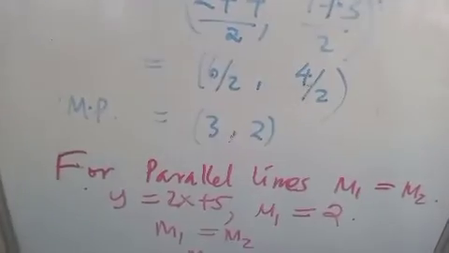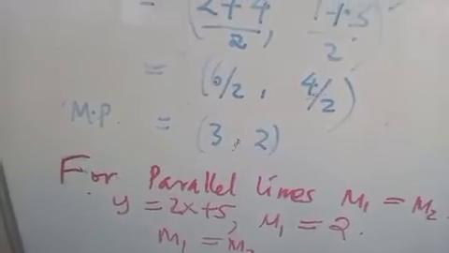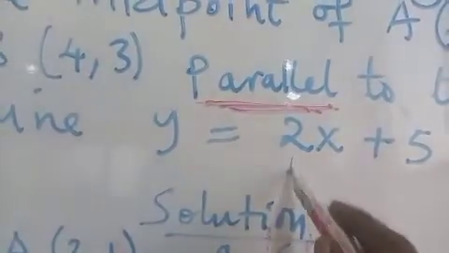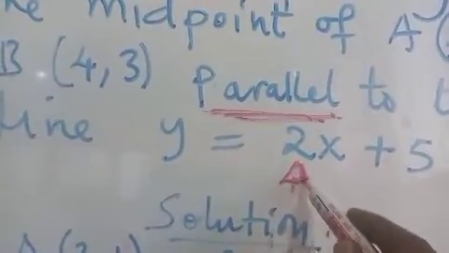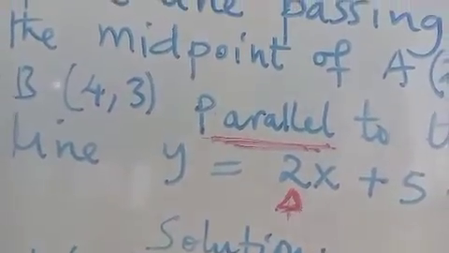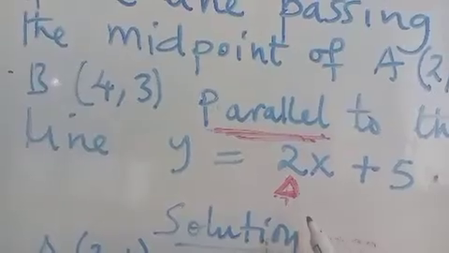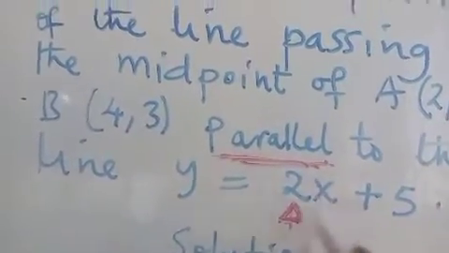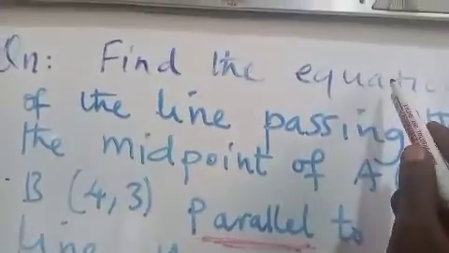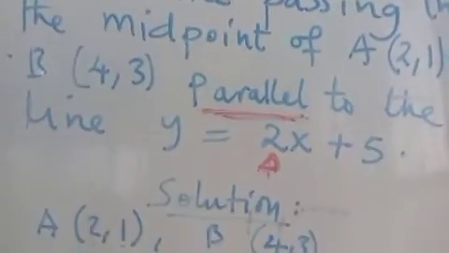Since we are told that the equation we are required to find is parallel to the given line, the given line is this one, and we know that this coefficient is the slope of this equation. If this is the slope of the given equation, then the line we have been asked to find must be parallel to it.